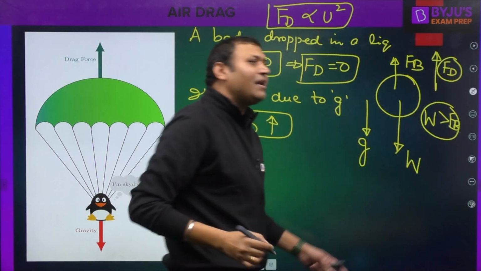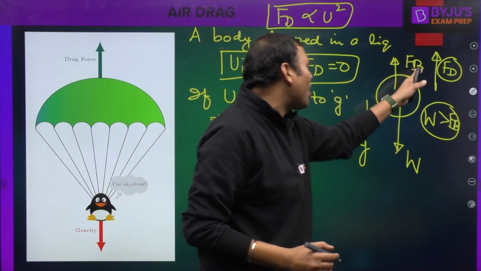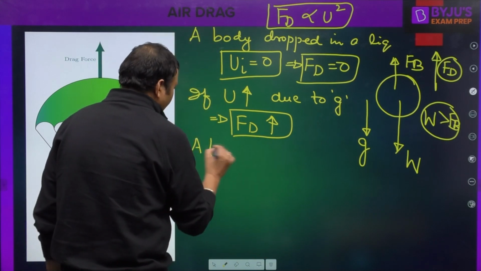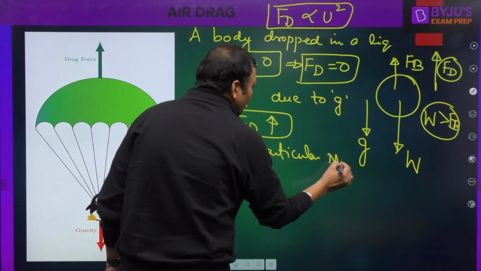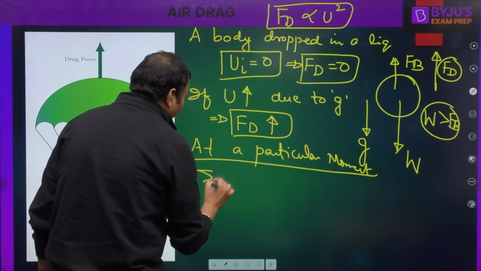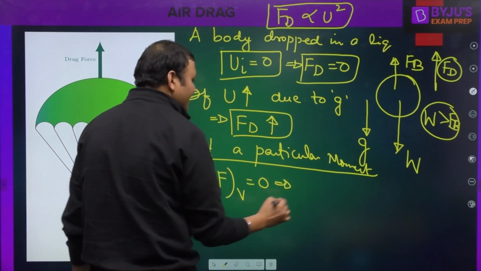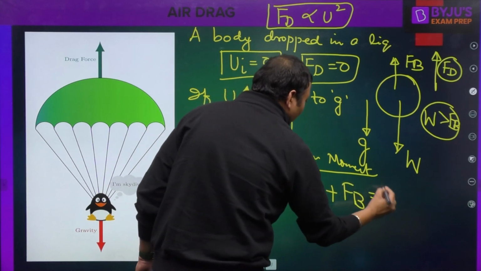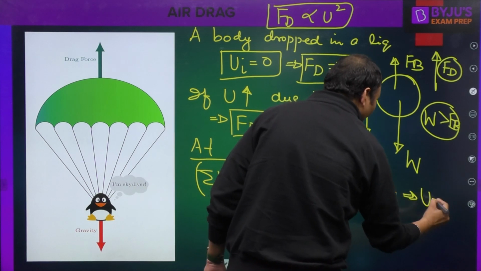At a particular moment, the summation of buoyant force and the drag force will be equal to the weight of the body, when the net force acting on the body in the vertical direction becomes 0. What does that mean? When the sum of drag force plus buoyant force is equal to the weight of the body, then the acceleration will be 0 or u becomes constant.